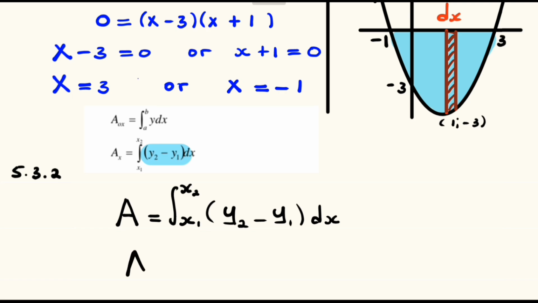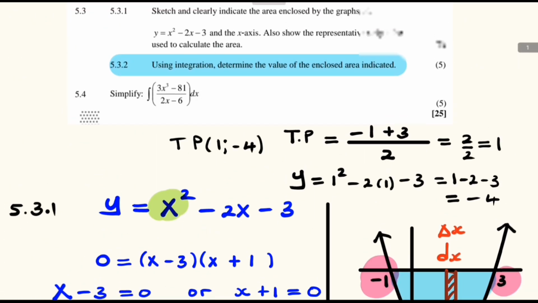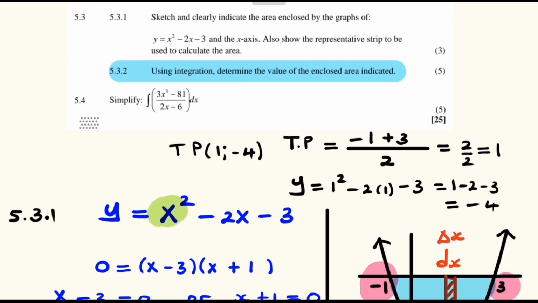Our area will be equal to the integral from x1 to x2. So our x1 will be the smallest number between our area, the -1, and the x2 will be that +3, the values between our area. We had two functions. The y is equal to x squared minus 2x minus 3, and the x-axis. Like I said, the x-axis is a function y equals 0.